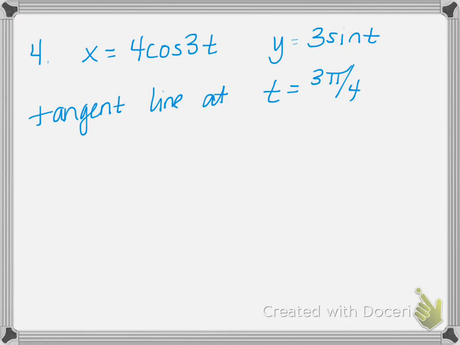To get the point, I need an x and a y value. So I'm going to take that 3 pi over 4 and plug it in for t in each of those. You can use your calculator or you can use math. But the x value is 2 square root of 2 and the y is 3 square root of 2 over 2. If you used your calculator and got decimals, that's okay too.